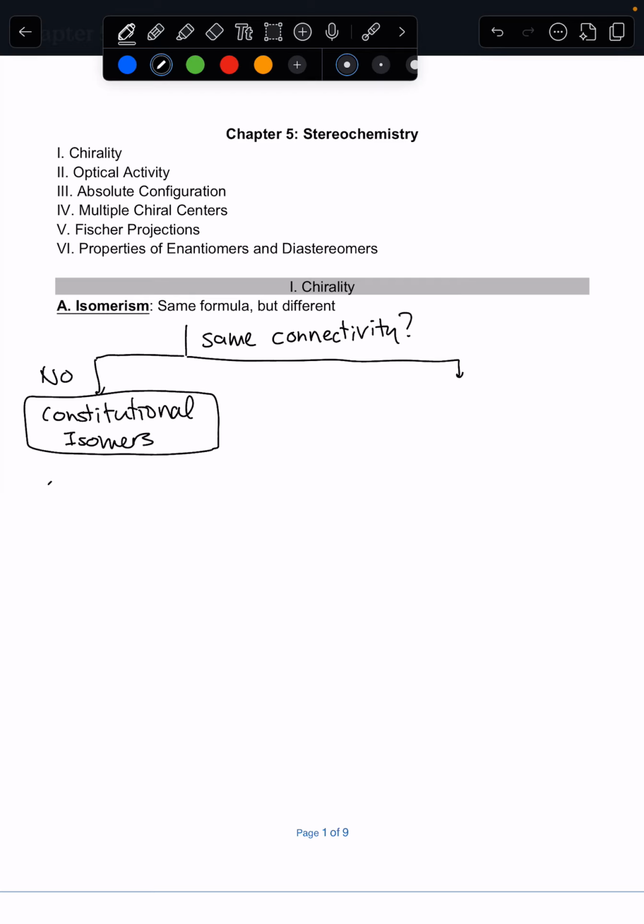For example, these two molecules, if you count the number of atoms, you'll notice that they both have the exact same molecular formula, but their structures are different, as in the way the atoms are connected. Like this sp2 carbon is connected to two methyl groups, but this sp2 carbon is connected to an ethyl group, so that's different connectivity. If they have the same connectivity but they're different, then they're some sort of stereoisomers.